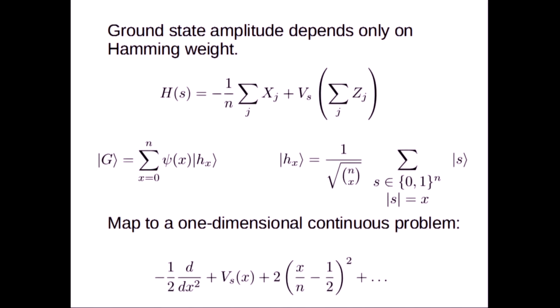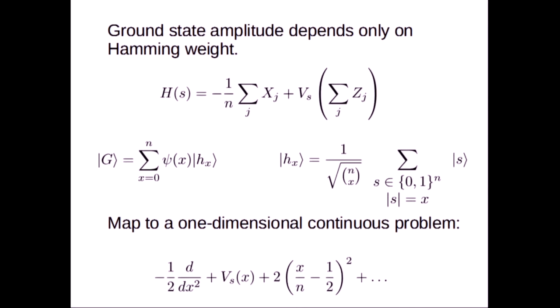It's one block of your Hamiltonian that doesn't couple to anything else. So everything you have to analyze about this Hamiltonian, its spectrum, its dynamics, everything else, is all happening in this n plus 1 dimensional subspace of the full 2 to the n dimensional Hilbert space. And that's what's so handy about these Hamming symmetric Hamiltonians.